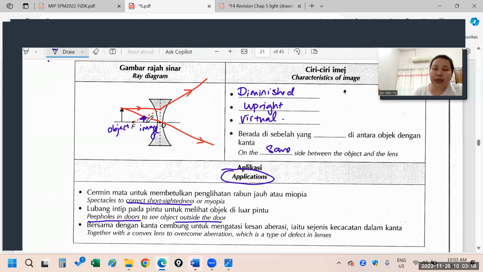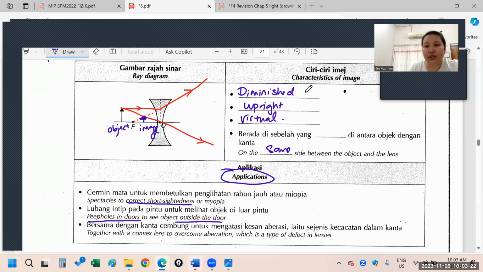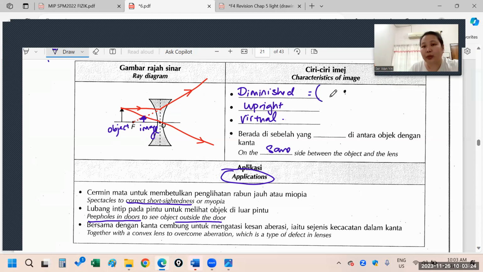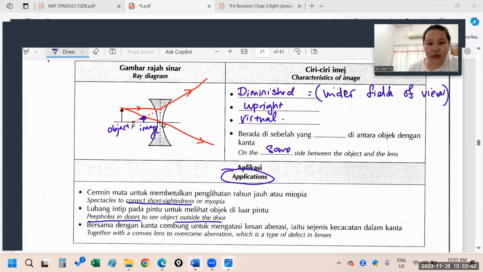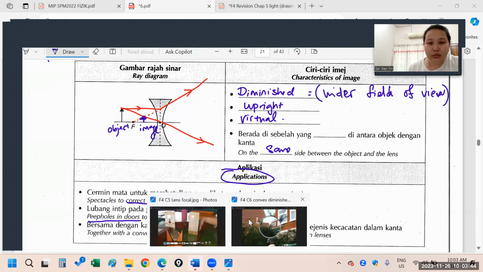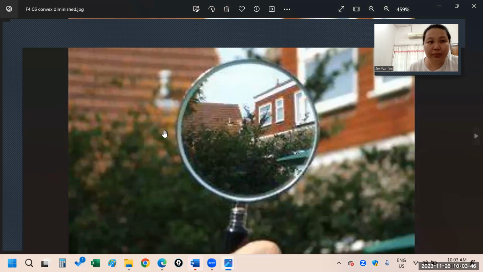Okay, so image diminish got what kind of advantage? We can say we will have wider field of view. Or you just write wider view. Now, you can see the peep hole.